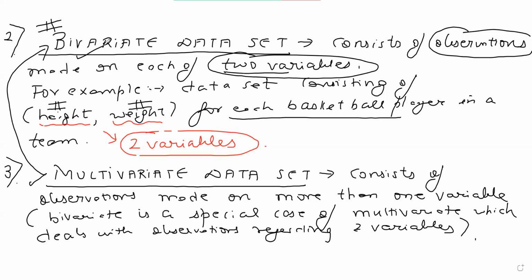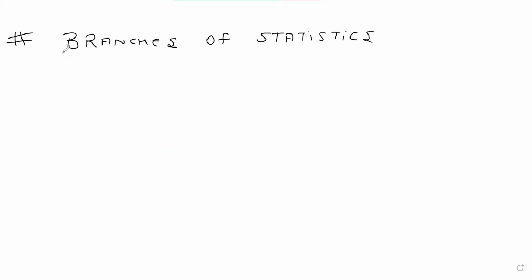Now, moving forward, let's also look at the branches of statistics. So this is all very elementary, which I am doing. This lecture is the first lecture within our module on descriptive statistics. So basically, this lecture is kind of an introduction to various terms which we are going to use quite frequently.